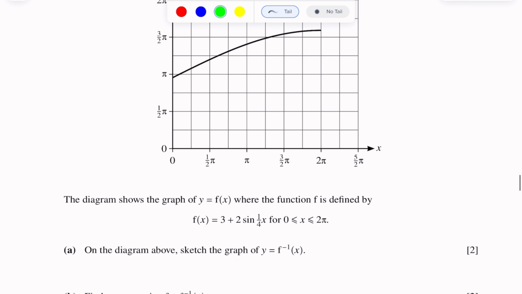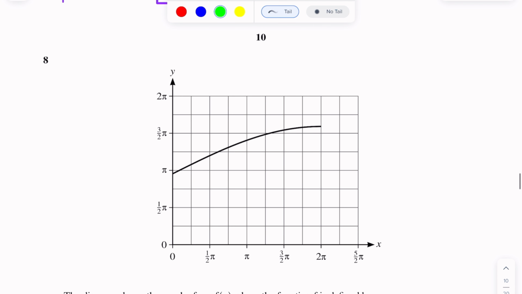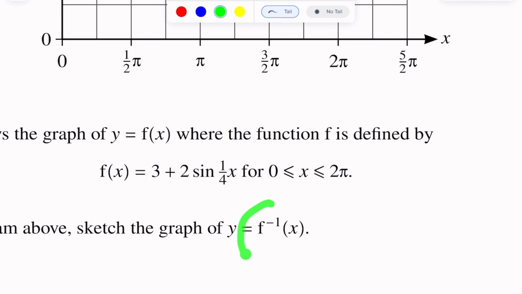The graph of f inverse x will be the reflection of f(x). This is f(x), this is the graph of f(x). The inverse of this graph will be the reflection of this graph in y is equal to x. Then we will get the graph of f inverse x.